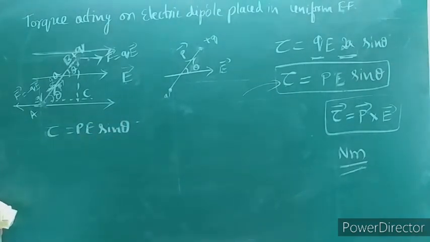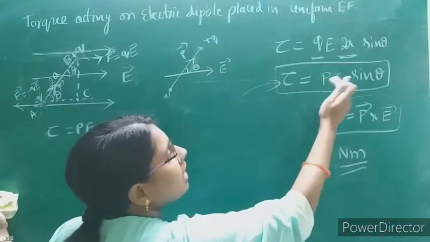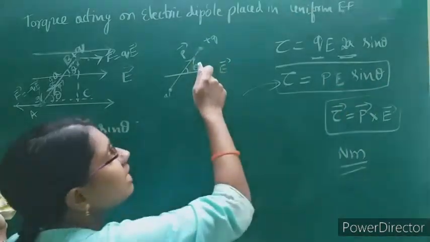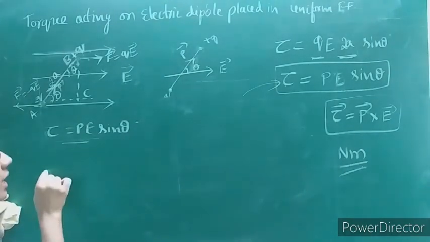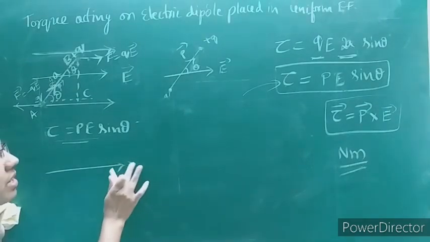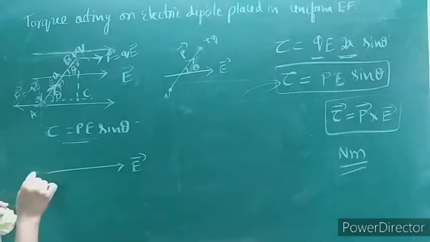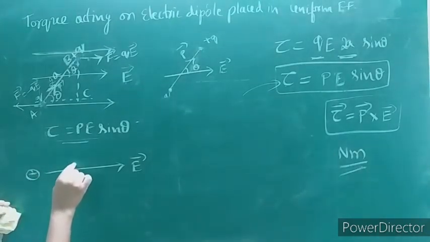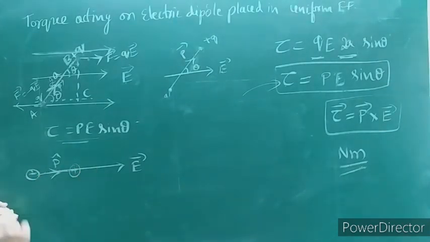Theta is the angle between the dipole moment and the electric field. Suppose the dipole is acting along the direction of the electric field. See, this is the negative charge and this is the positive charge, and the dipole moment is also acting along this direction.